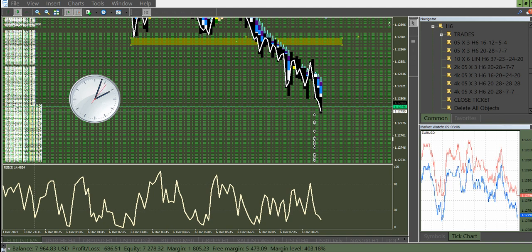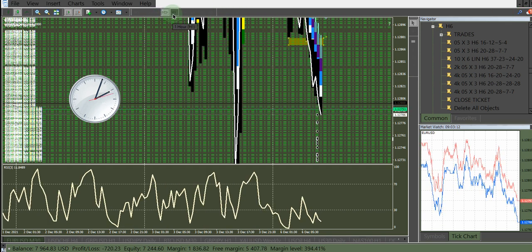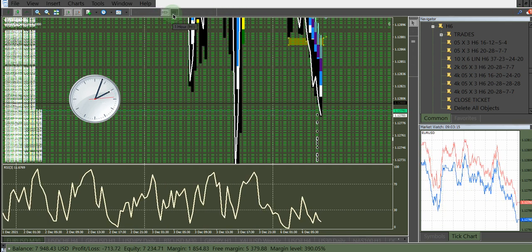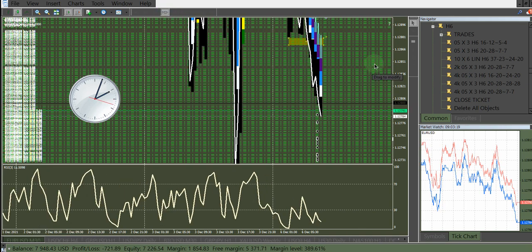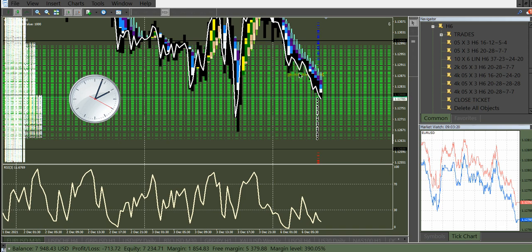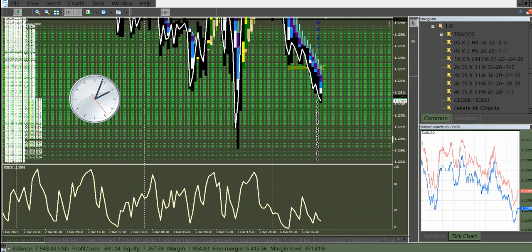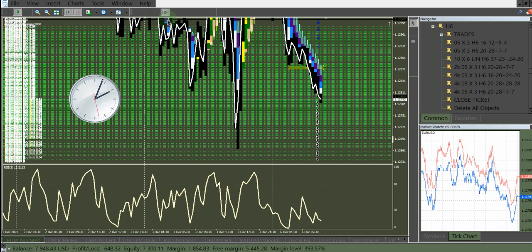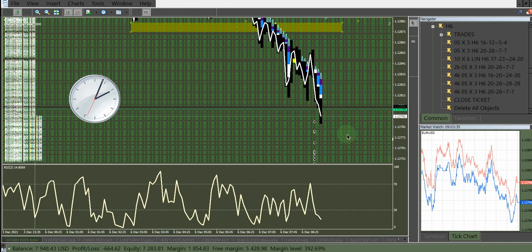Looks like just about to tip the scales here and go lower on the 1 hour. So every half hour it's down. I'm gonna buy it. So kind of just buying automatically. Five minutes is up. I would buy another one here.